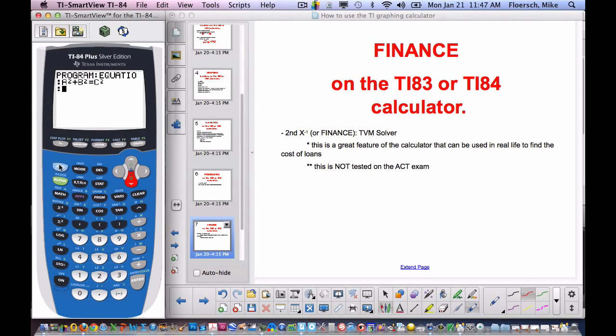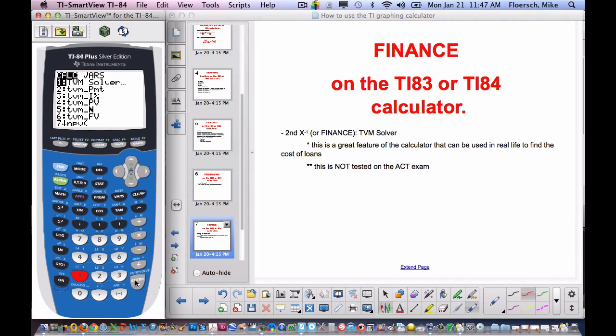So I'm going to hit clear or second quit. Now, to get to this, it's under the finance button, which is second x to the negative 1 on some calculators, like the 83. Or if you have an apps key, it would be under apps, then number 1, finance.